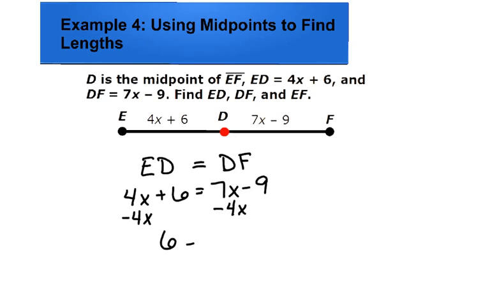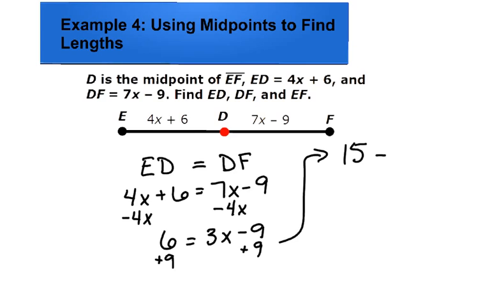We get 6 equals 3x minus 9. Now to get that 3x by itself, add a 9 to both sides, and we get 15 equals 3x. Now divide both sides by 3 to get x all by itself, and we get 5.